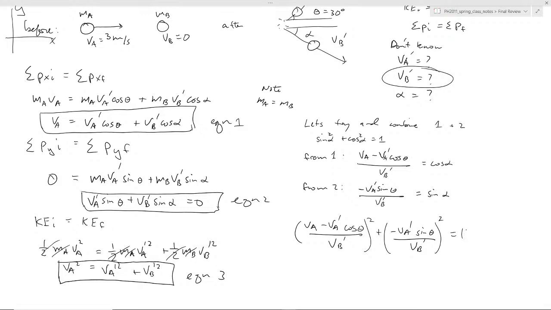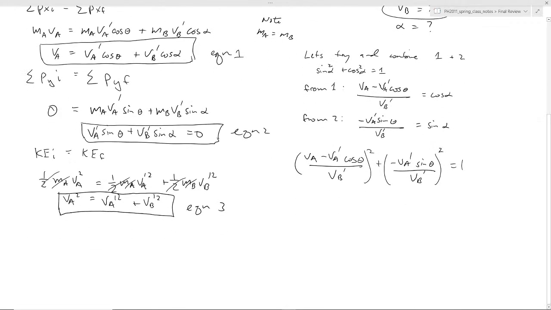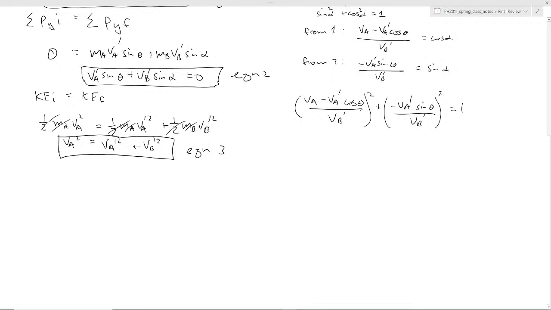So we've gotten rid of alpha, but we still have kind of a mess that has both VA prime and VB prime in it. So let's see if we can eliminate one or the other of those. And so let's expand this. And let's multiply over by a factor of VB prime squared.